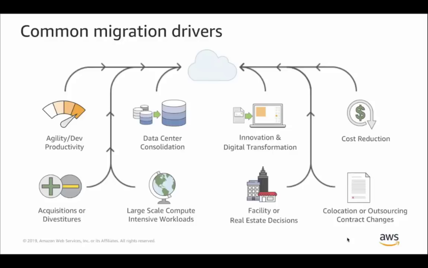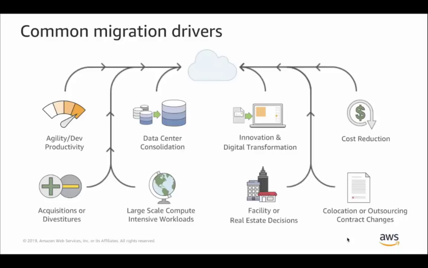Our customers tell us that there are many different reasons that they choose the cloud as a destination or platform of choice. One of the main reasons that they choose the cloud is for business agility. Some of our customers are creating use cases where they believe their workforces, especially their developers, can be 30 to 70% more productive in delivering features as a result of migrating to the cloud.